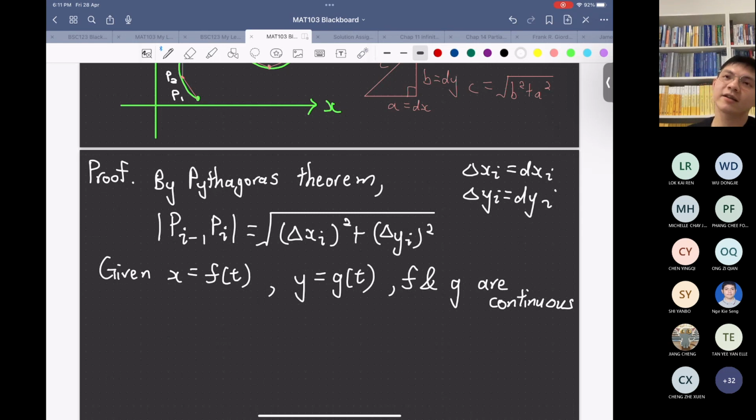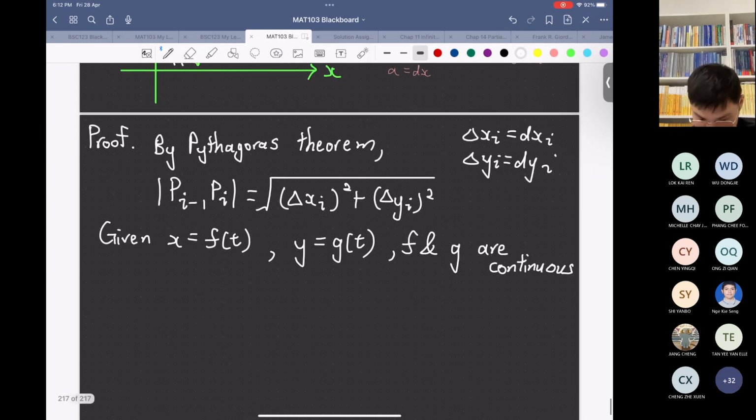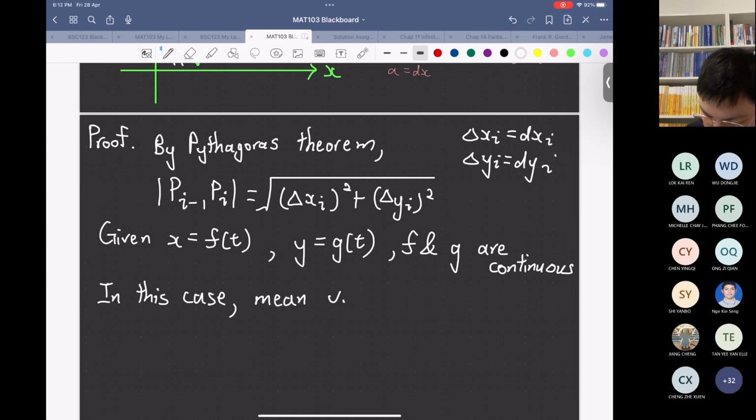To sketch out a plane curve, you need continuous functions, right? Otherwise, your curve will break. So you have continuity in your f and g. In this case, the mean value theorem applies.